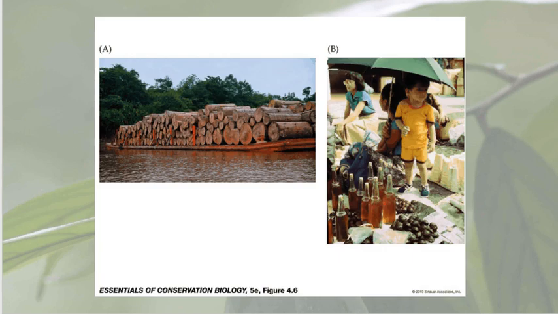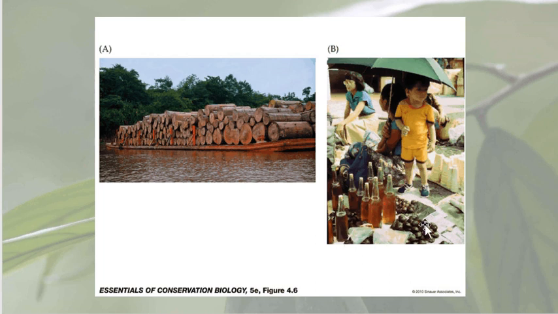Okay, so some examples of biodiversity which is used productively. This is timber on the Amazon, timber harvested for the wood and wood products to make furniture, to make paper, and so on. And this is a market in a developing country, and it looks like they're selling honey there and various fruits.